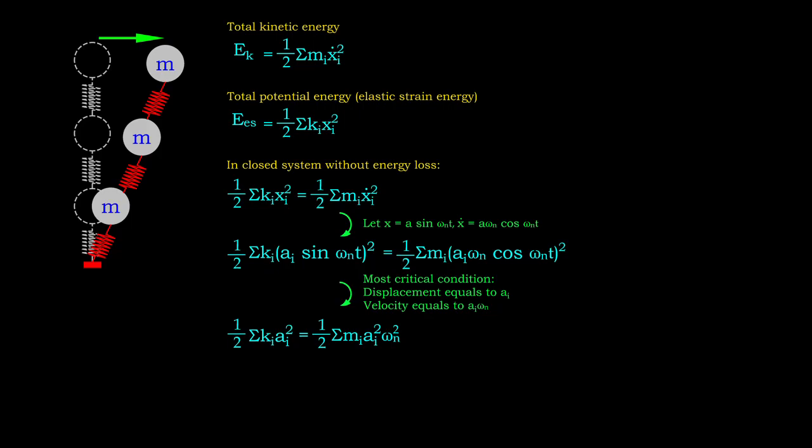From here, let us express the displacement as A sin(ωn t) and velocity as A ωn cos(ωn t). Under the most critical condition, displacement would equal A and velocity would be A ωn.